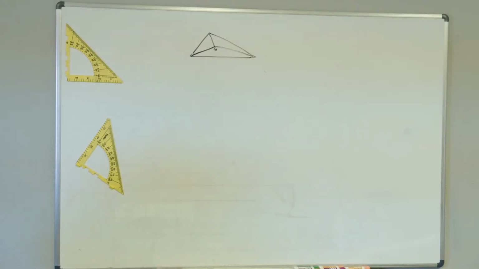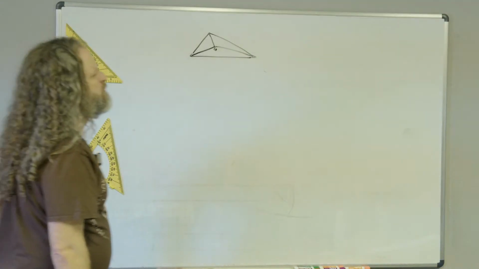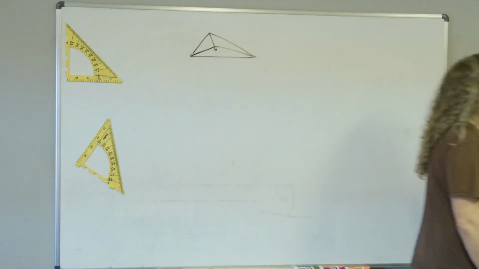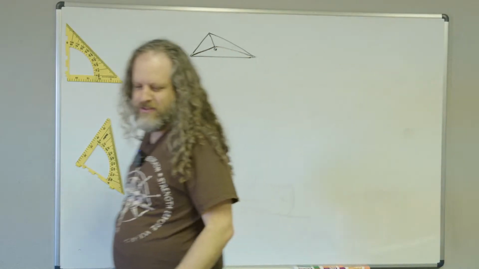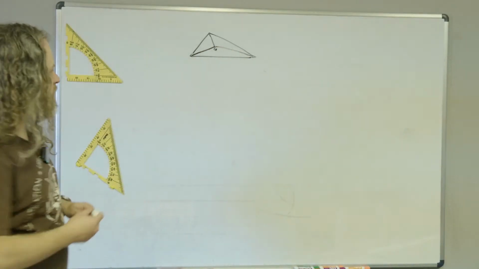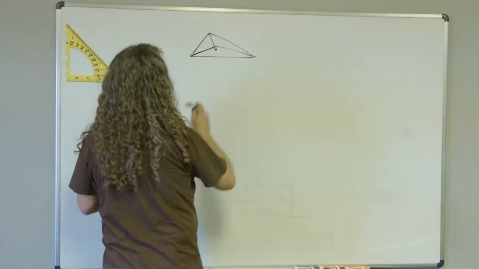The incenter is equidistant from all the sides, right? Which may not be the incenter theorem. That may be the theorem before that. The angle bisector is equally distant from the other sides. There's a theorem that says that, right? So that's what those other lines are. That's why they drew those other lines.